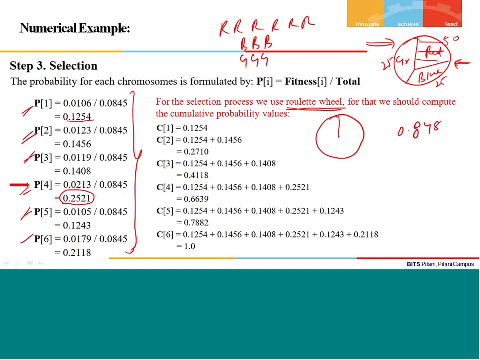This is my starting point, right? So this is my probability 0.1254. I just mark this as my chromosome 0.1254. My second probability is 0.1456, but on the wheel it will go up to the first.